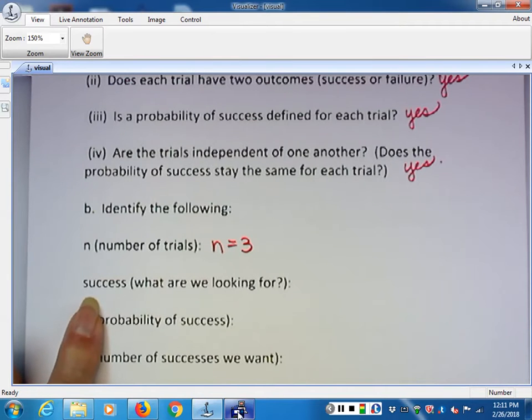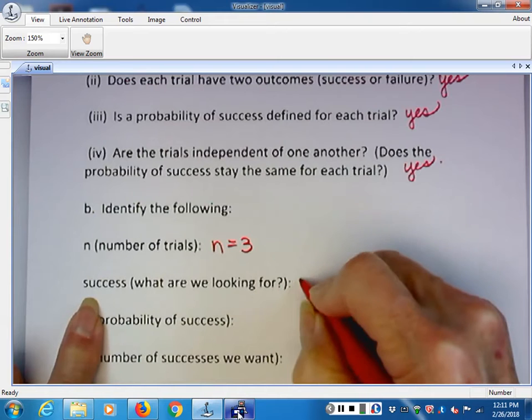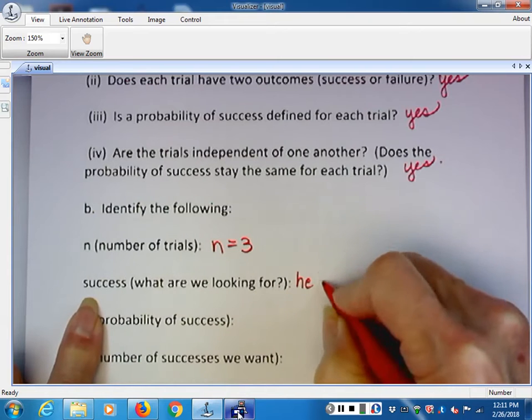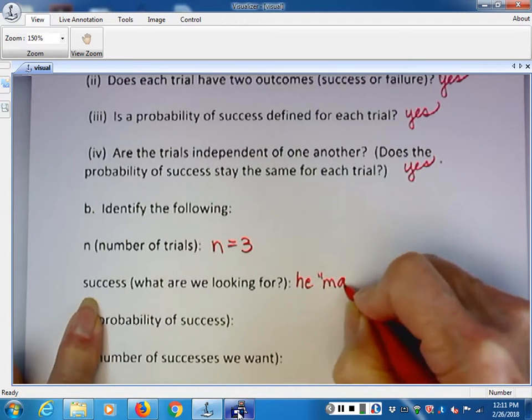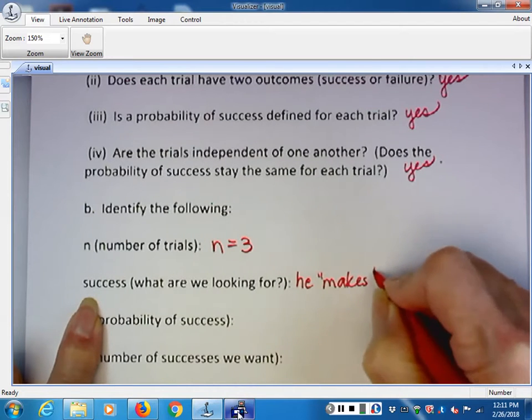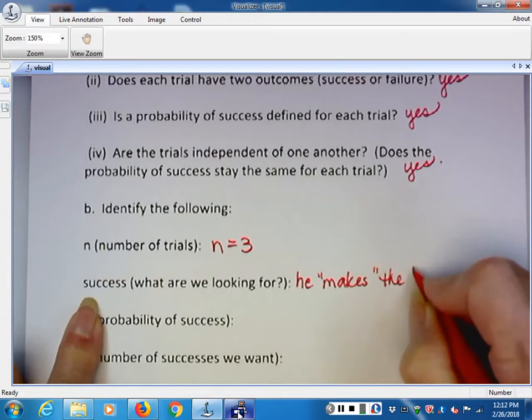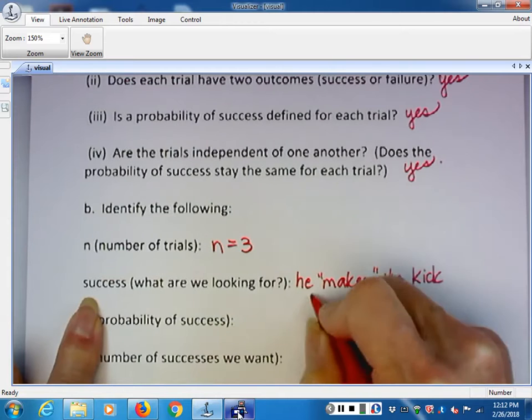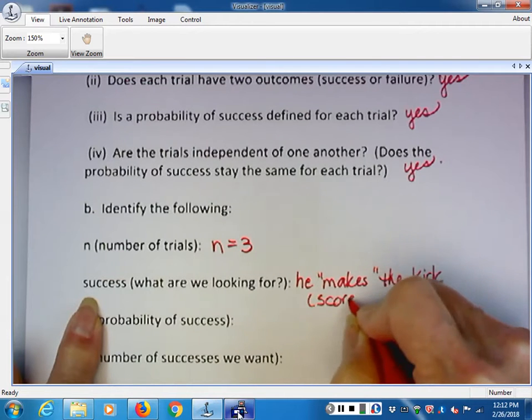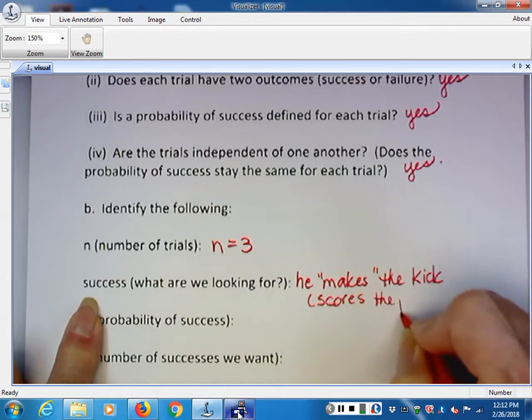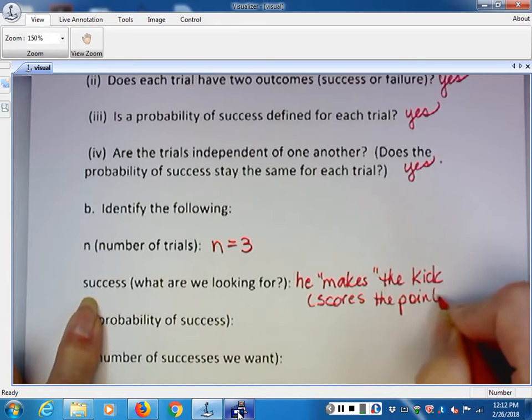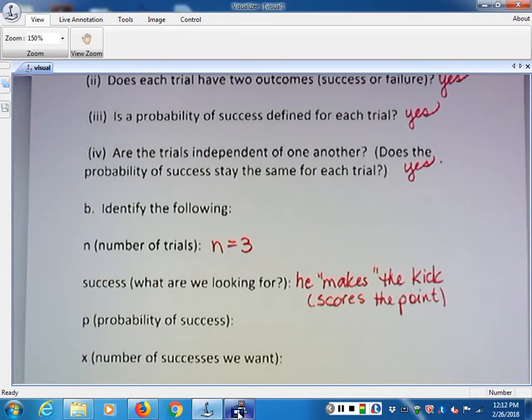He scores the penalty kick. That means he scores the point.